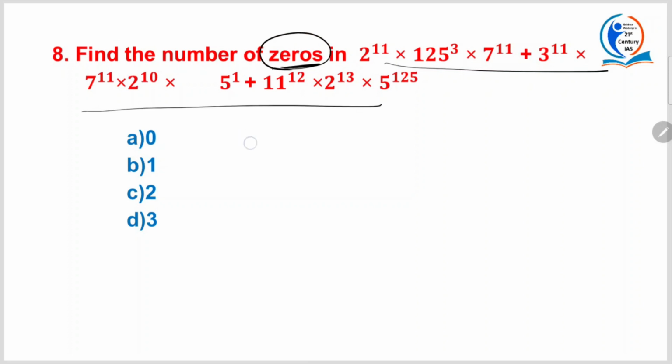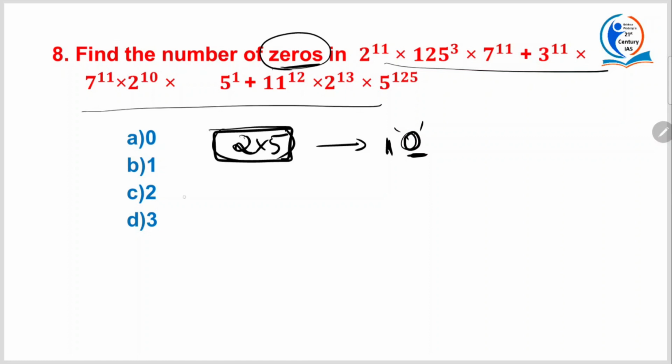If the equation is having 2 into 5, then you will get 1 zero. For every 2 into 5, you will get 1 zero. Why? Because 2 into 5 is 10. So you have to see the number of 2 and 5 pairs. However many 2 and 5 pairs are there, those many pairs of zeros you will get.